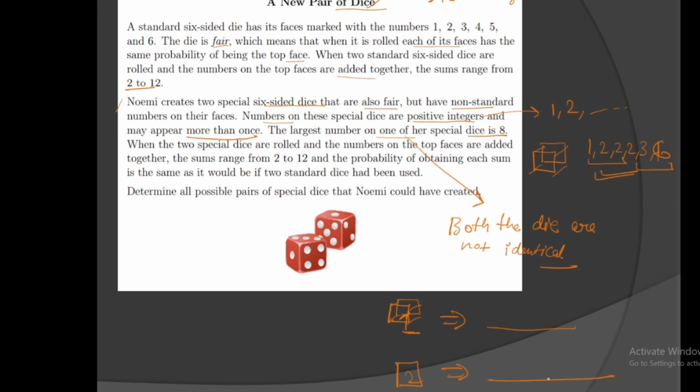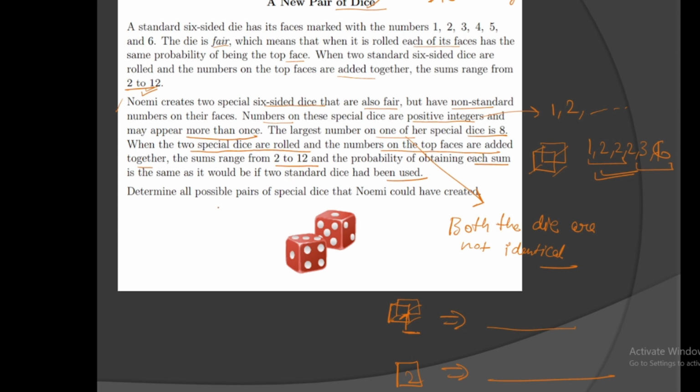Some numbers may match but they are not exactly the same. So when the two special dice are rolled and the numbers on the top of the faces are added together, the sum ranges from 2 to 12. So here also we are getting the sum to be 2 to 12 and the probability of obtaining each sum is the same as it would be if two standard dice had been used.